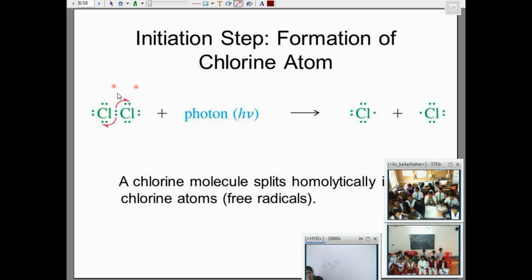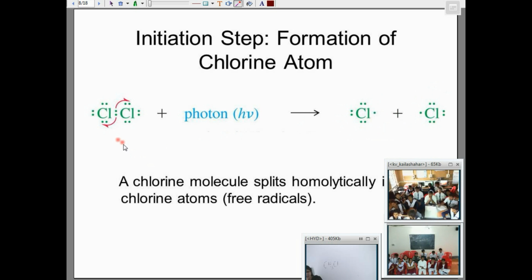Now, when this chlorine molecule is exposed to a light photon or ultraviolet rays, simply speaking, when ultraviolet rays fall on this chlorine, it splits. There is a fission or breaking.